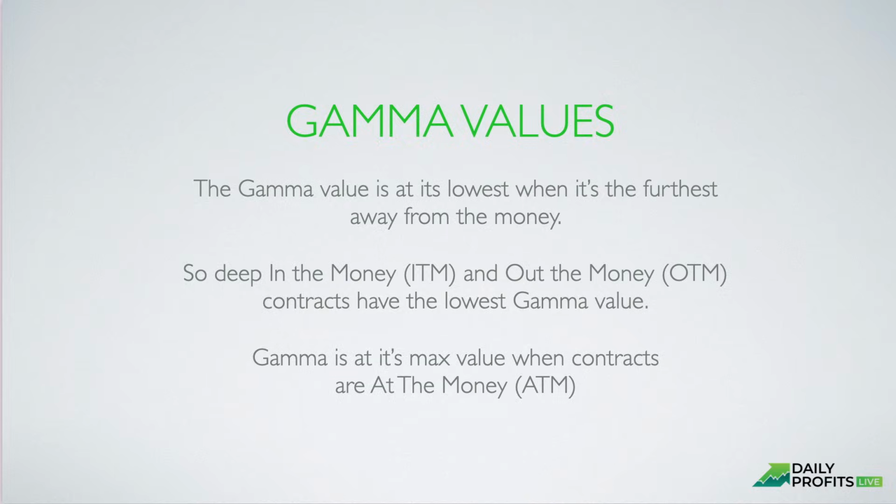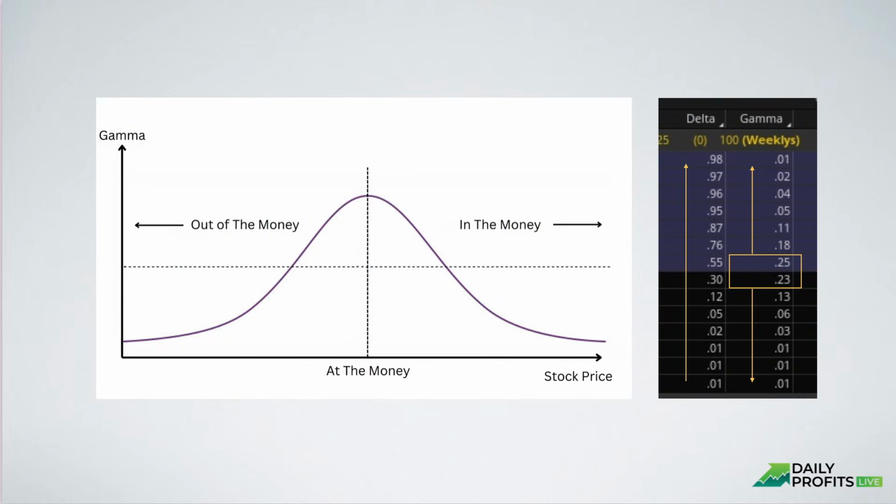If we look at a bell curve, you can see here when price is at the money, that's when the gamma is at its highest. Then as we roll out of the money or in the money, it's affecting the delta less. You can see that here on the right hand side.